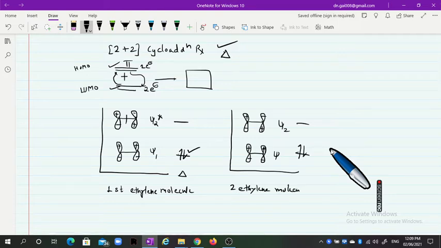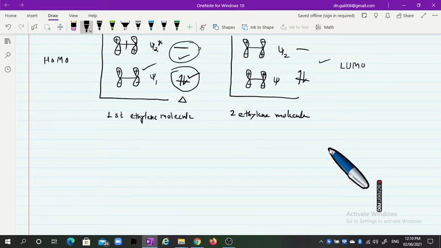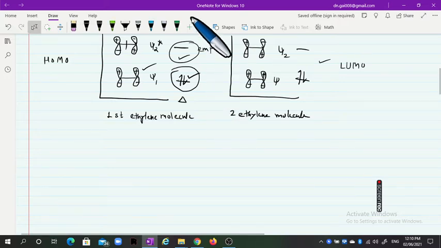As we discussed, in the FMO approach we consider the highest occupied molecular orbital, that is, the HOMO, for the first ethylene molecule, and for the second we consider the lowest unoccupied molecular orbital. For the first molecule, this is the orbital where an electron is present, and this other one is empty. Since this one has the electron, it is the occupied molecular orbital, the highest occupied molecular orbital.